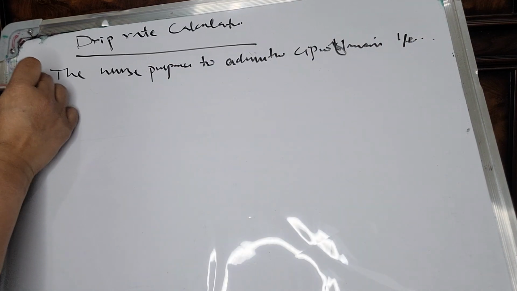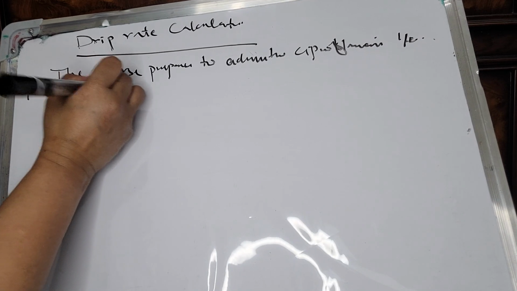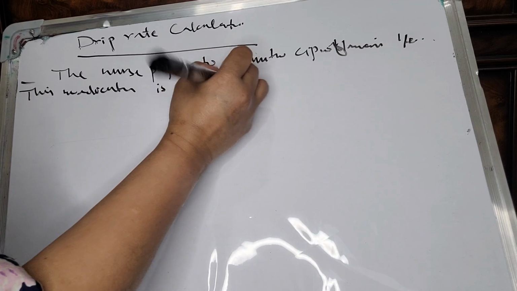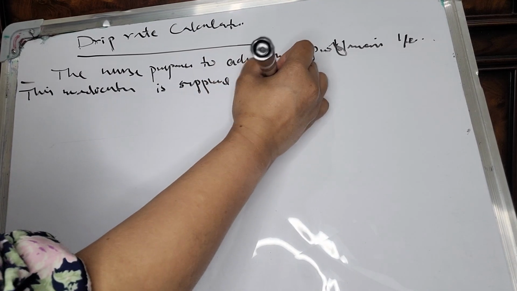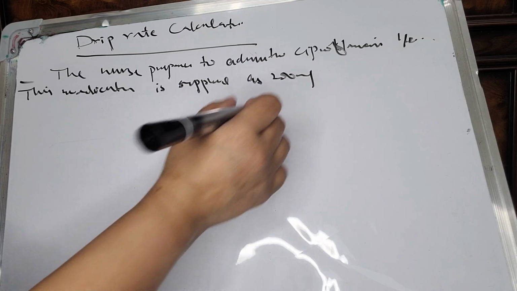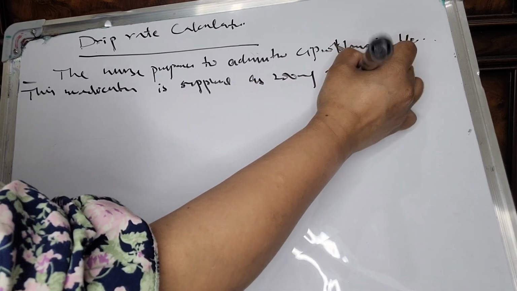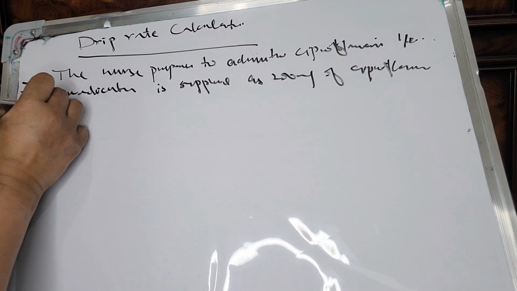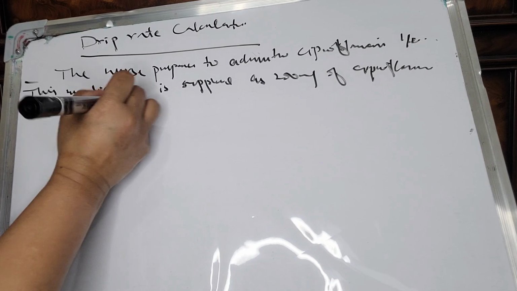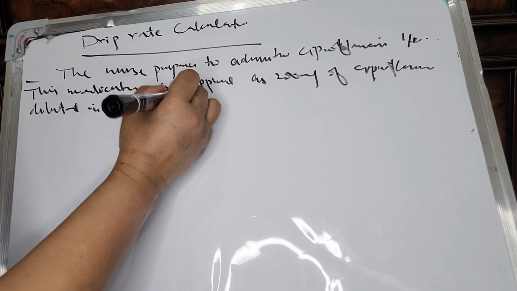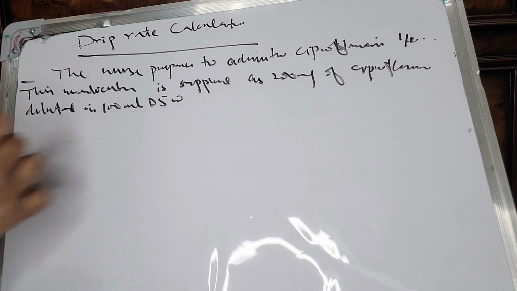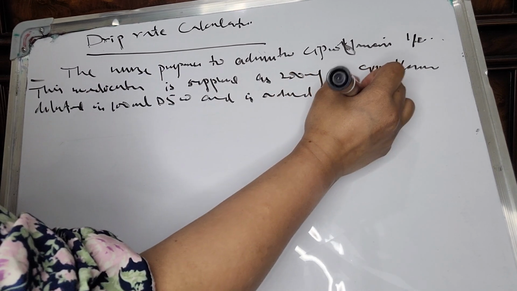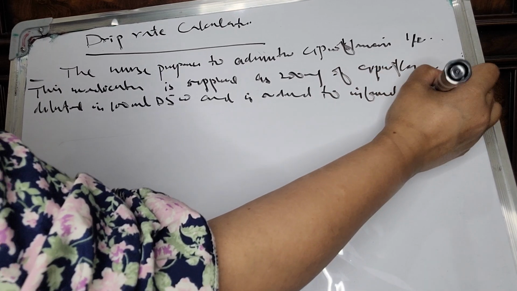This medication is supplied as 200 milligram of ciprofloxacin diluted in 100 ml D5W, dextrose 5 water, and is ordered to be infused in 30 minutes.